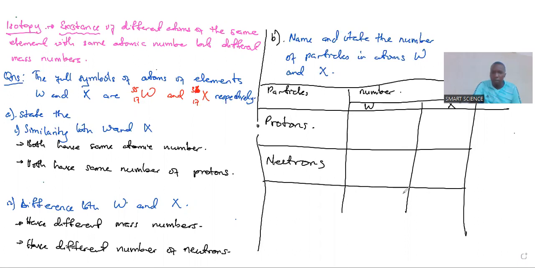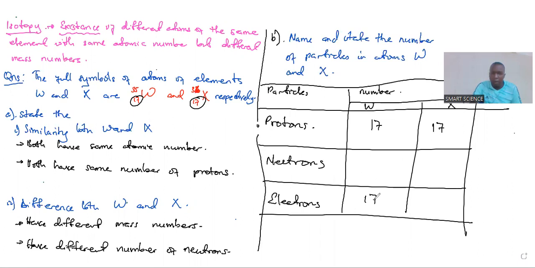So particles include protons, neutrons, and lastly, electrons. Protons are represented by atomic number. So both have 17, 17. The same applies to electrons because protons are equal to electrons. Neutrons, you get the mass number, which for W is 35, minus the atomic number, which is 17, you get 18, you put it here. For X, you get the mass number, which is 36, minus 17.